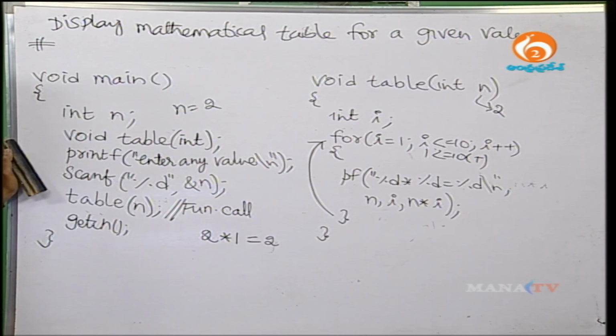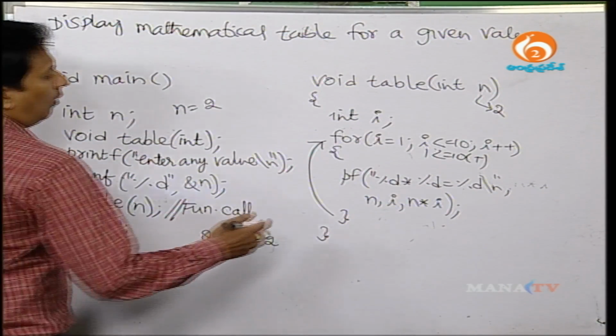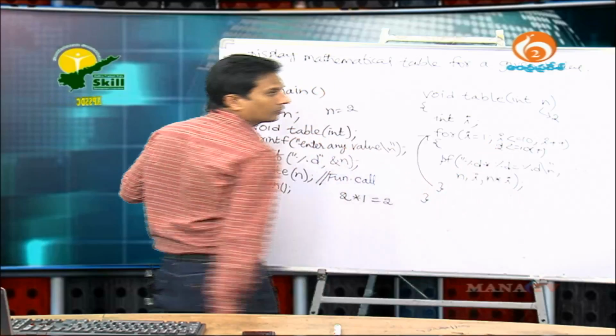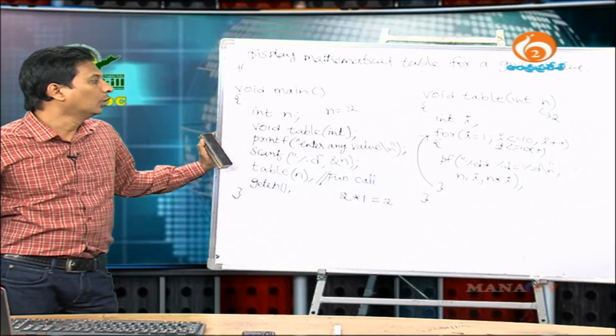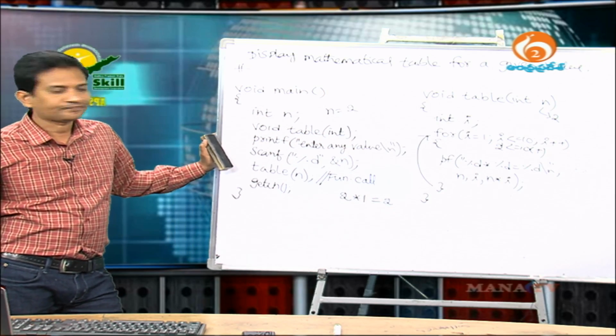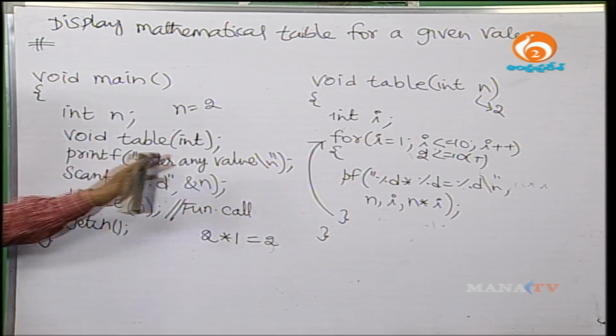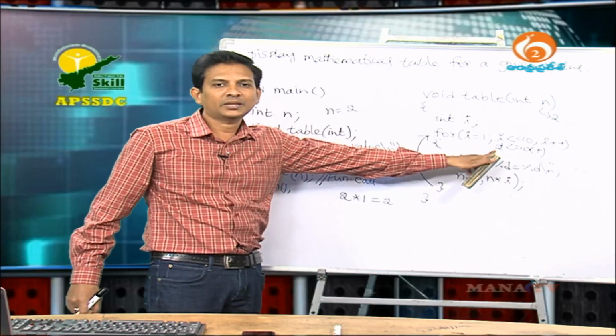Next iteration, I plus plus, I is incremented by 1 that is 2, 2 less than or equal to 10, which is also true, the condition becomes true.